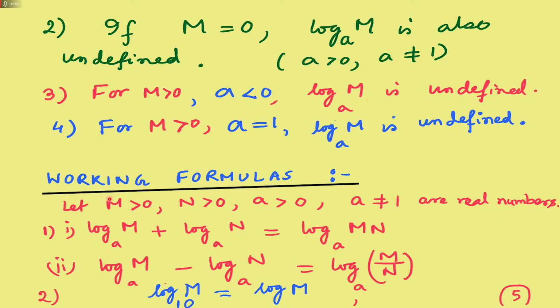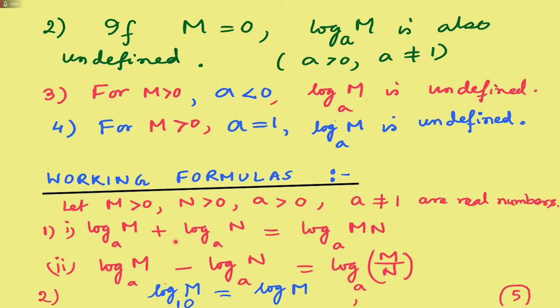Now here are some formulas. By using these, you can solve problems on logarithm. Let m be a positive real number, n is also another positive real number, a is positive and a not equal to 1, and for these real numbers, log m base a plus log n base a is equal to log mn base a.